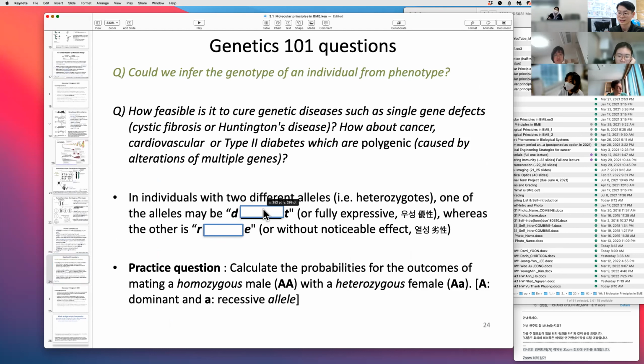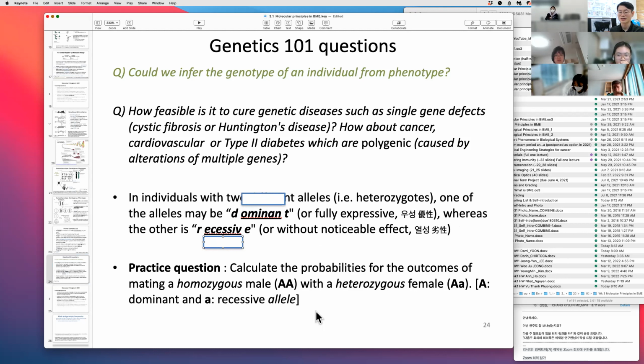Oh, exactly. Yeah, dominant, or we mean fully expressive. Even if one allele is there, it will actually express. So that's dominant. The other is recessive. Exactly, recessive, meaning that without noticeable effect.